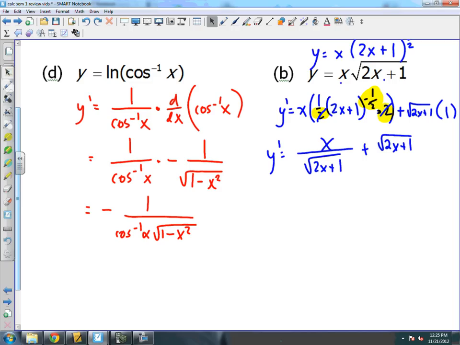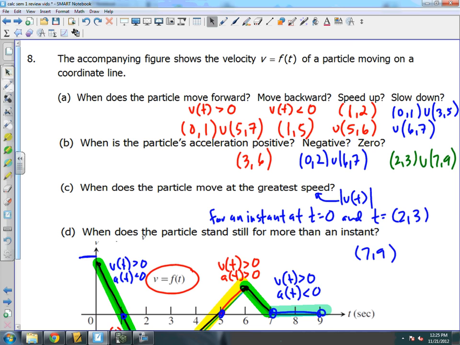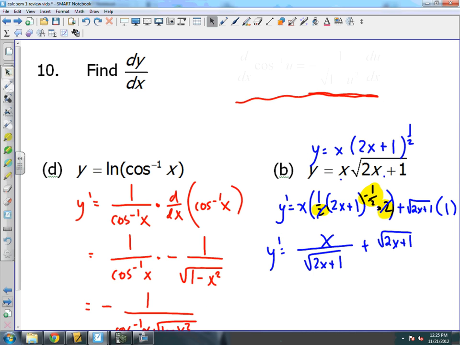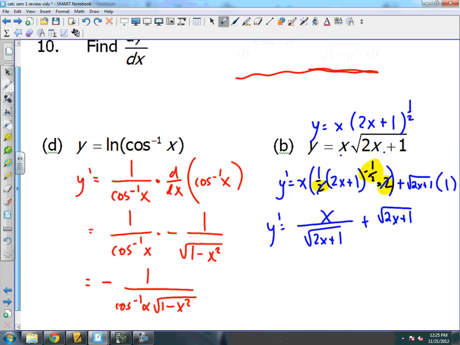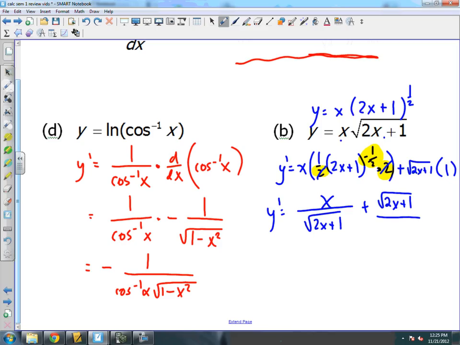So at this point, I can multiply both top and bottom of this thing by root 2x plus 1. What that's going to allow me to do is add these two things.